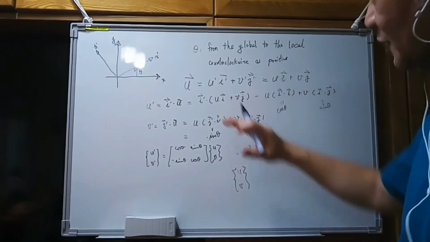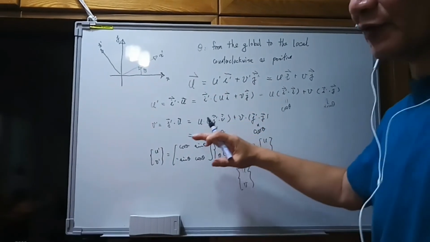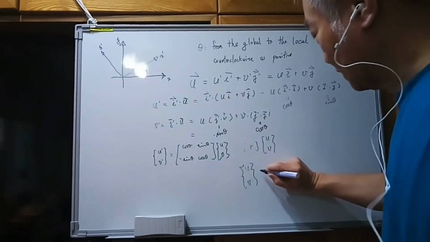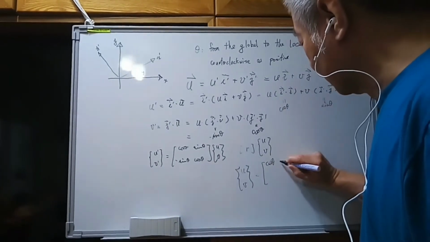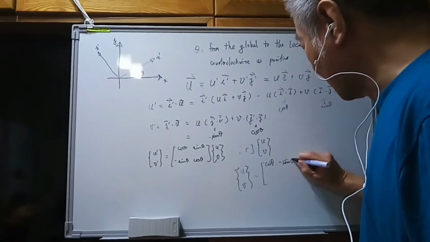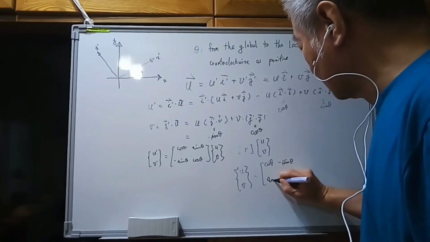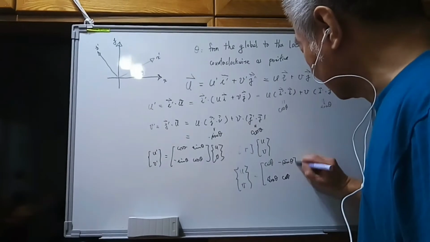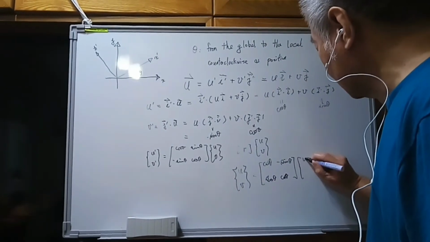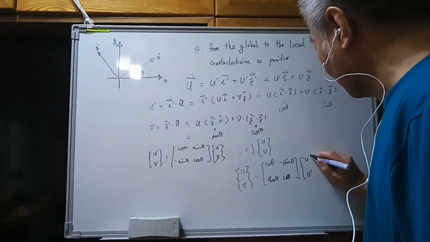Okay, we can follow the same derivation procedure. Then we can get the matrix cosine theta, negative sine theta, sine theta, cosine theta, times u prime, v prime.